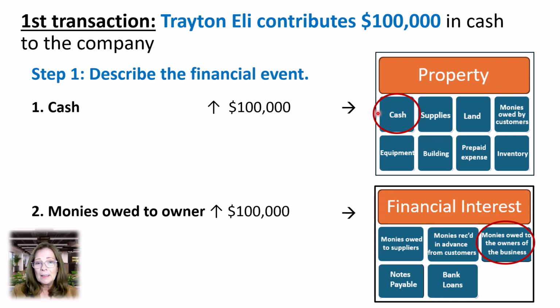Next, we find that monies owed to the owner, Trayton Eli, also increased by $100,000 because he expects to be repaid at some point in the future. Monies owed to the owner fit into the financial interest category, which means that the financial interest side increased.